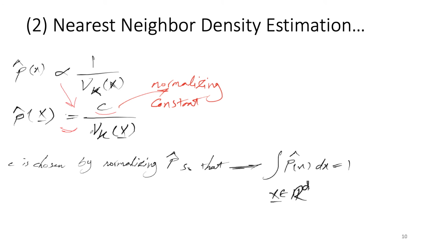Okay? So how are we going to choose c here? So c is chosen by normalizing p hat so that the integral of the p hat, which was the estimated probability, dx, would be equal to 1.